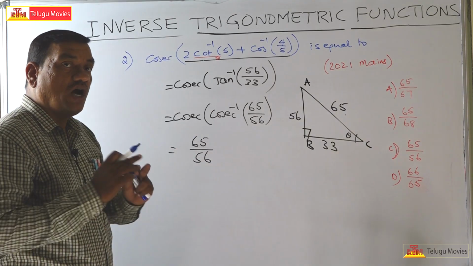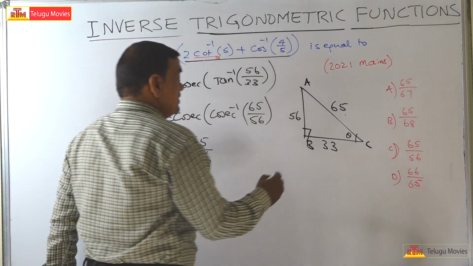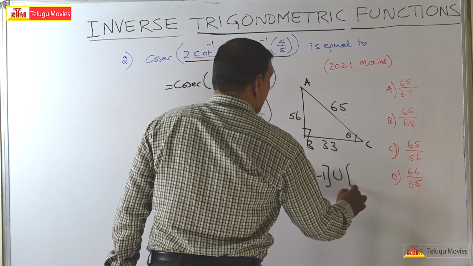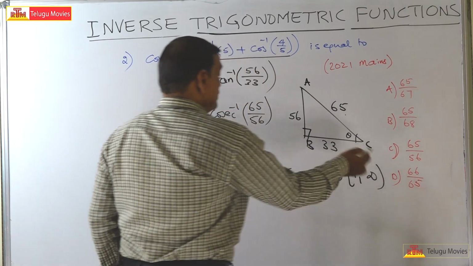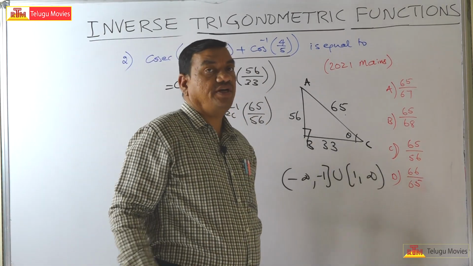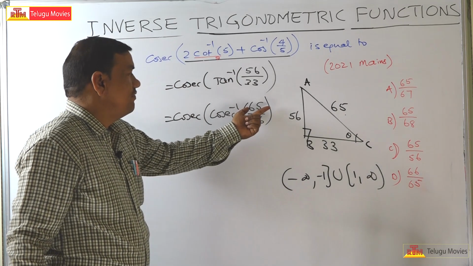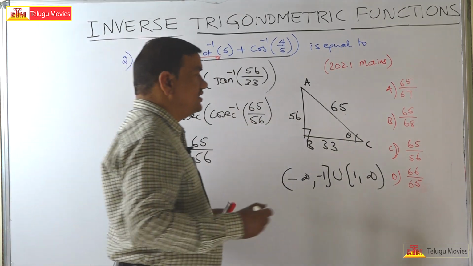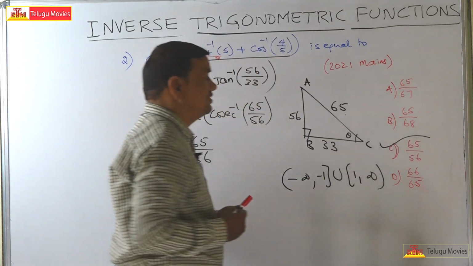So, this is out of 1, more than 1, that means here minus infinity to minus 1 union 1 to infinity. So, this lies between 1 to infinity, therefore, you can take the value 65 upon 56. Ultimately your answer is 65 upon 56.